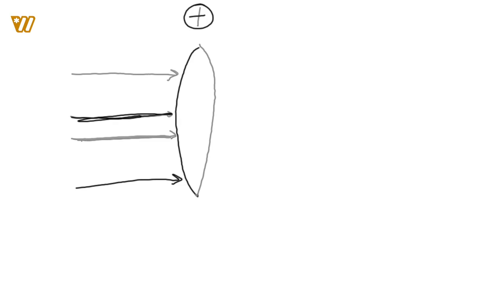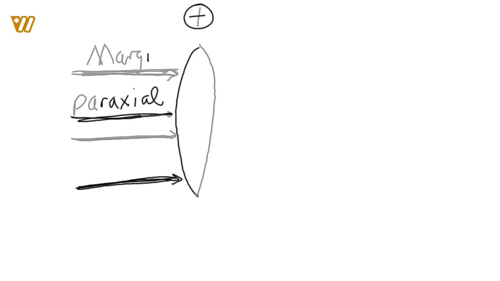Paraxial. Now the rays on the edges, those are going to be our marginal rays. So these are going to be our paraxial here in the middle, and the ones on the edge are going to be our marginal rays. Here is the key take-home message about spherical aberration.